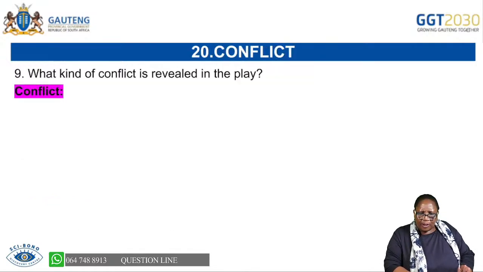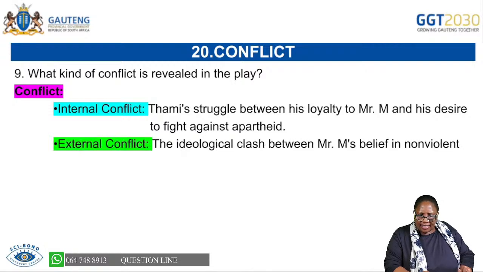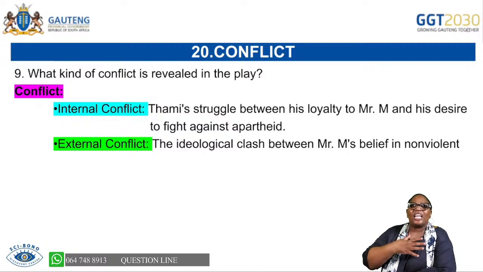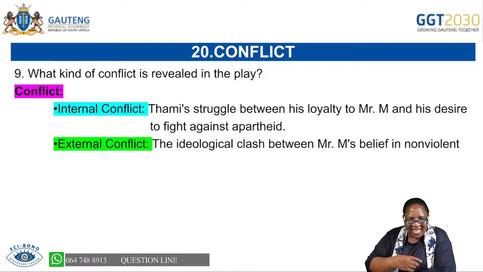The conflict between these main characters in the book, we have internal conflict. Internal conflict, it is the conflict that is happening in Tammy's mind. His loyalty to Mr. M and his desire to fight against apartheid.